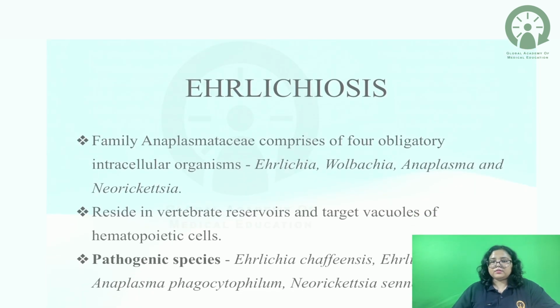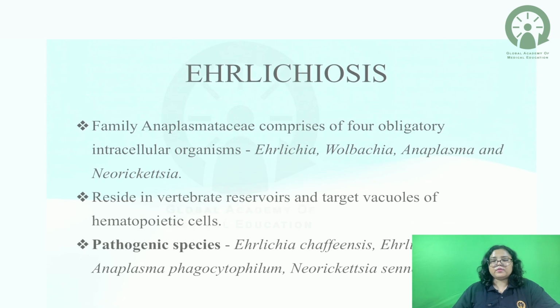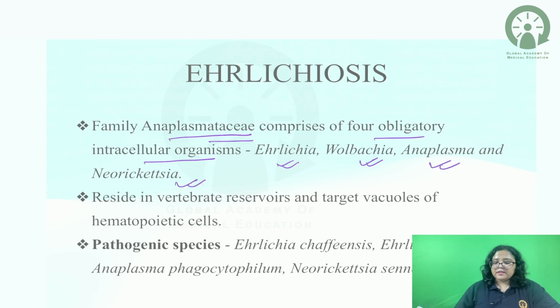Moving on to Ehrlichia. So if we go back and remember, we had divided the order Rickettsiales into family Rickettsiaceae and family Anaplasmataceae. Anaplasmataceae had 4 obligate intracellular genera: Ehrlichia, Wolbachia, Anaplasma and Neorickettsia.